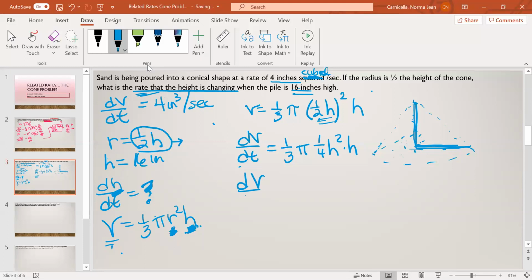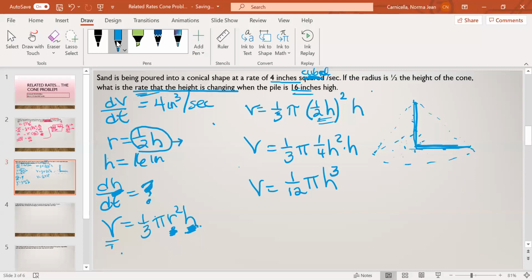dV/dt, it's not dV/dt yet. I shouldn't even be writing this. Let's just keep it with V. We haven't taken any derivative yet, so I was just thinking ahead of myself. So now volume is equal to 1/12 pi h cubed.